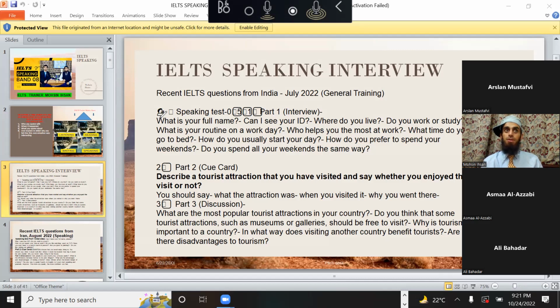Now, when she said, sir, I don't know how to type, and she had just applied for computer-based, I was speechless, like what should I say further. And I said, it's okay, let's see what happens. Now, when she appeared, she got a very good score, even more than she desired. She got a 7, and her desire was 6 or 6.5, right?